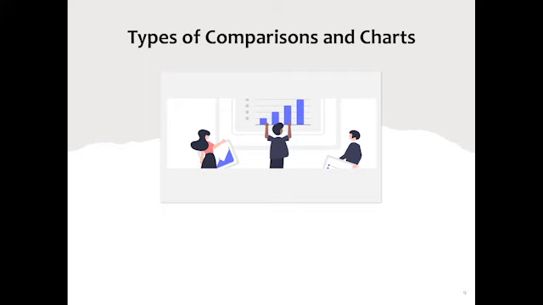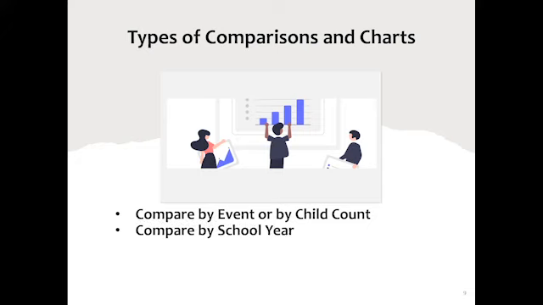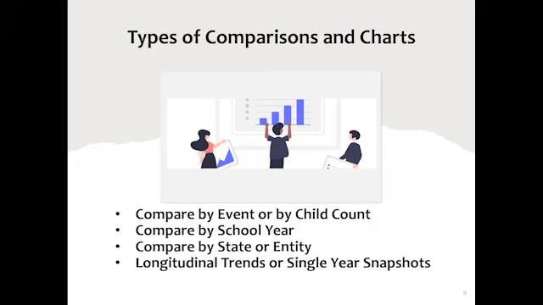I will explain how to use the dashboard to compare dispute resolution activity by event or by a state's child count, how to compare across school years, how to compare states to other states or the national average, how to examine the longitudinal trends or view single-year snapshots, and finally, I'll explain the relative use of dispute resolution options chart.